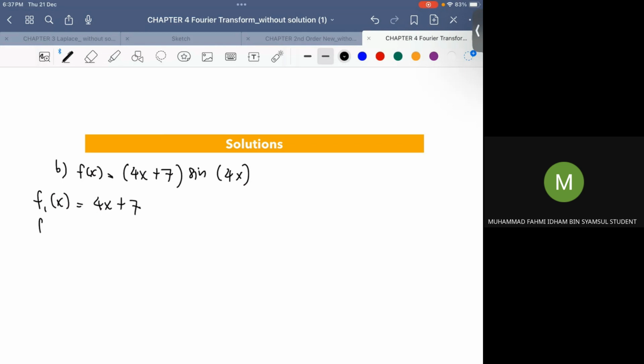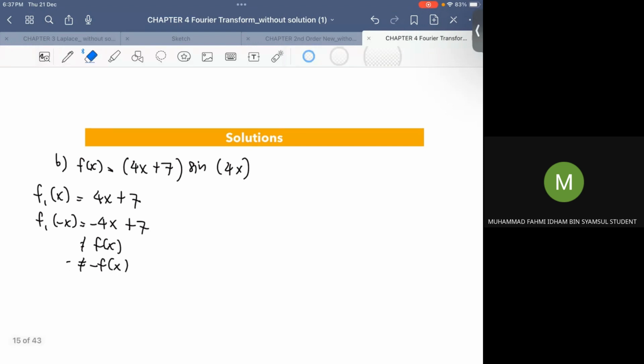If I put negative x, I get 4 multiply negative x, so negative 4x plus 7. And this is not equal to f(x), also not equal to negative f(x). So this function f1(x) is neither.